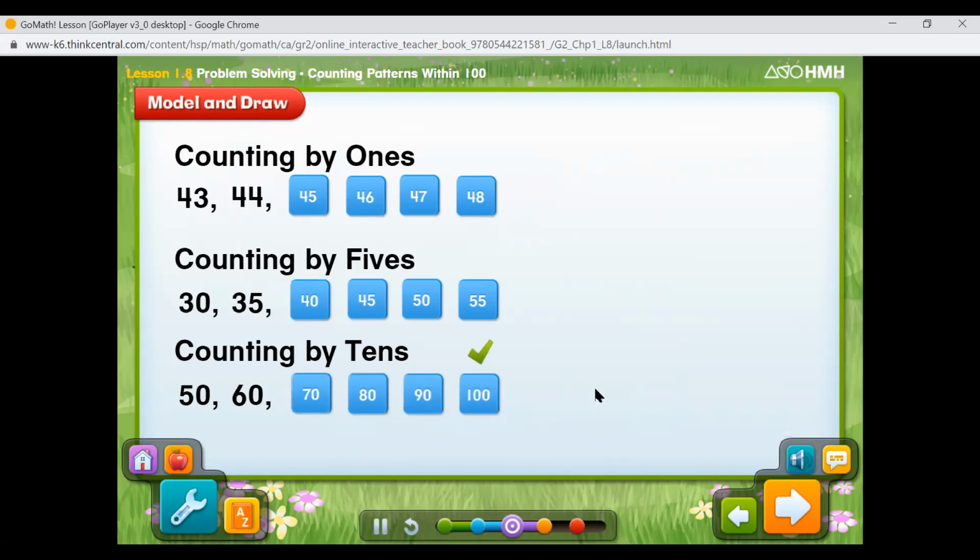Great job! The order for counting by tens is 50, 60, 70, 80, 90, 100.